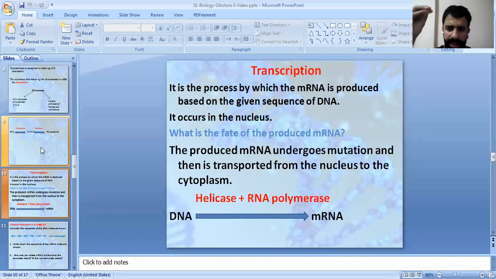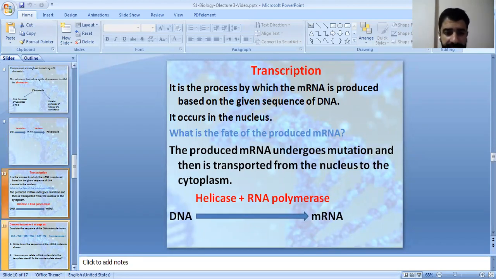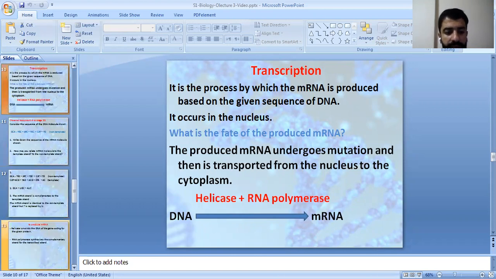Transcription is the process where the mRNA is produced based on the sequence of the DNA. Mainly, this process occurs in the nucleus. What is the fate of the produced mRNA? The produced mRNA undergoes modification, and we will talk about it next week, inshallah. And it is transported from the nucleus to the cytoplasm.